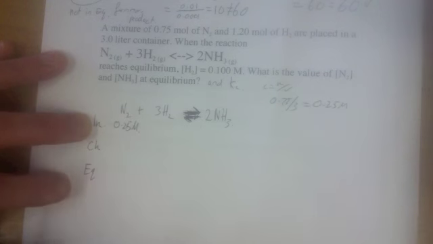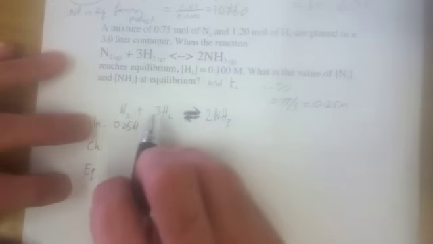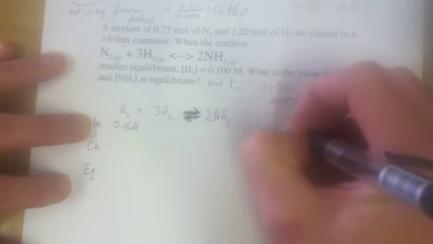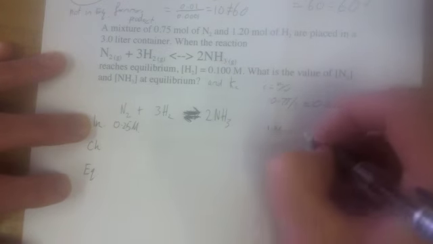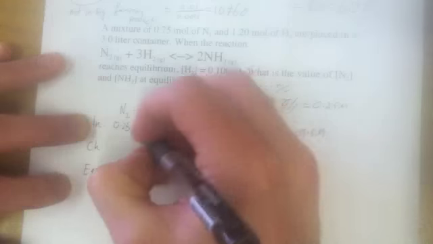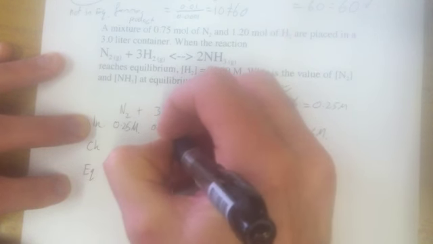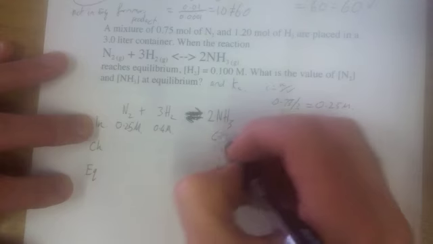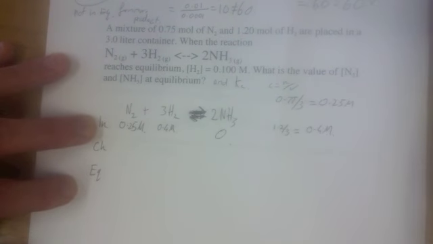Look at the concentration for hydrogen. It's 1.2 moles in a 3-litre container, so 1.2 divided by 3 equals 0.4 molar. And then at the start, we don't have any ammonia at all, so it's 0 for ammonia.